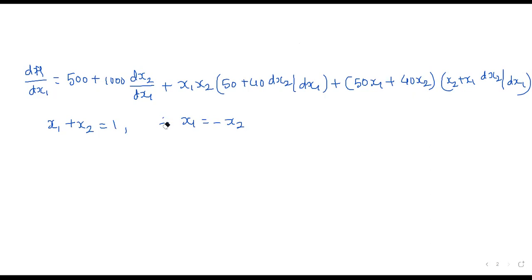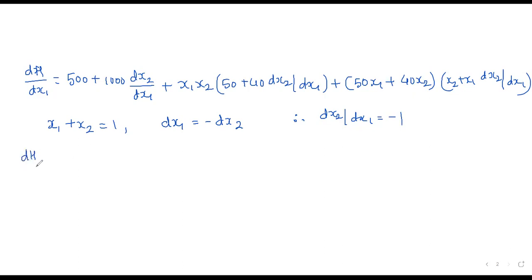We cannot write it like this, so we have to do the differentiation: dx1 plus dx2, the differentiation of 1 is 0, so dx1 is equal to minus dx2. So dx2 divided by dx1 is equal to minus 1.